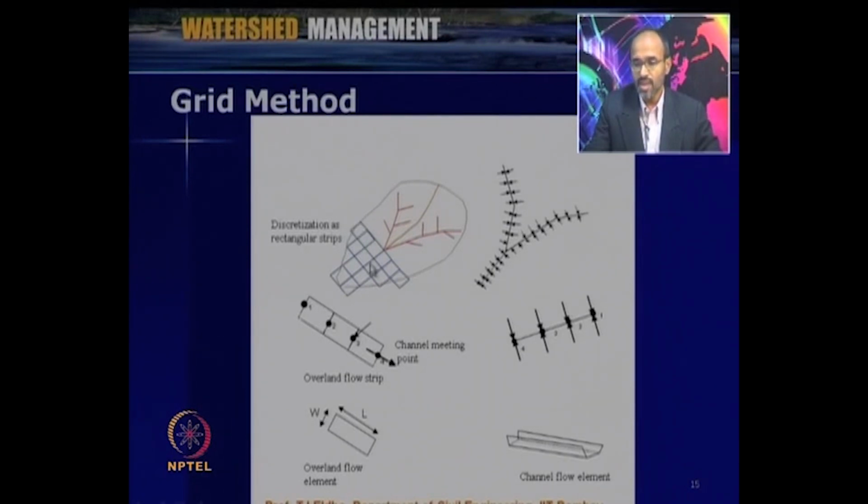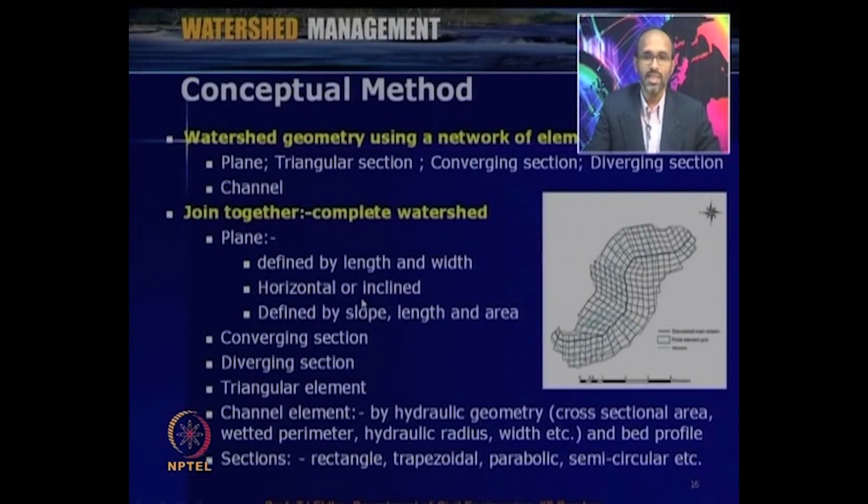These grids keep on joining the important channels. The channel is represented as one dimensional like this, and the overland flow is considered as an element like this, either in two dimensions or one dimension, and this will be joining. This is the way we do the representation in the grid method.